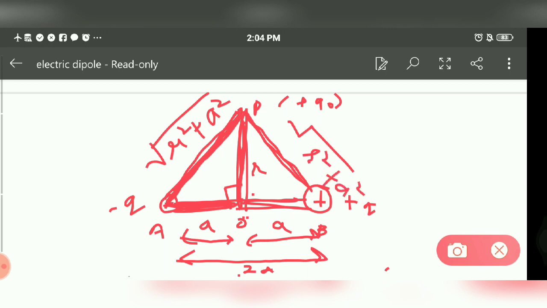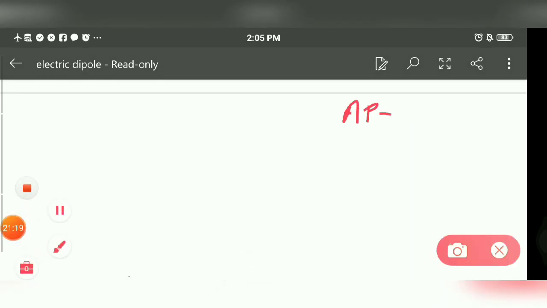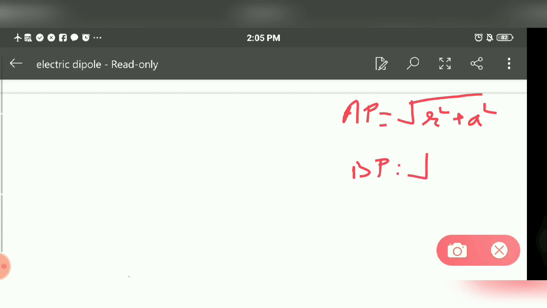Now we get the distances. AP is equal to under root of R square plus A square. BP is equal to under root of R square plus A square.